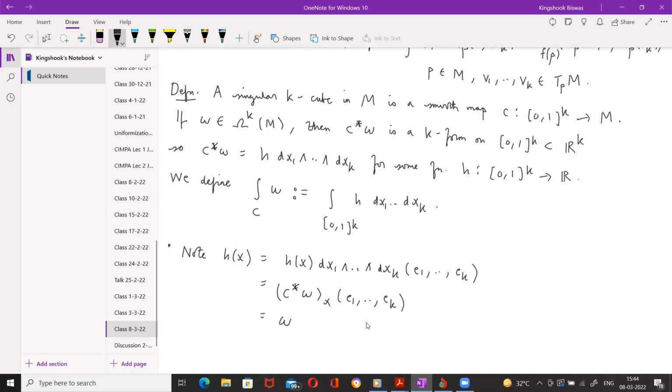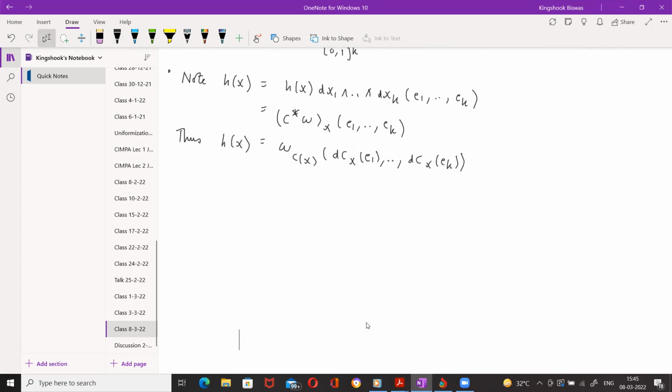By the definition of pullback, this is omega at c of x applied to dc x E1 up to dc x Ek. Thus H of x is equal to omega at c of x applied to dc x E1 to dc x Ek.